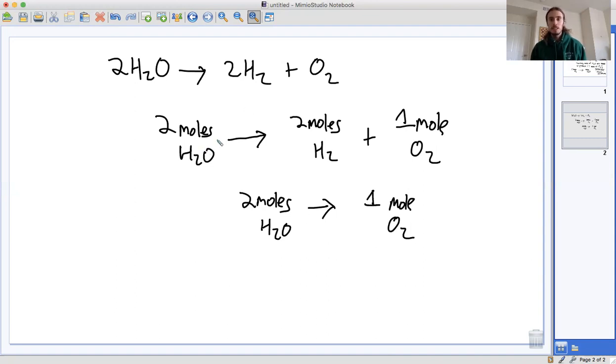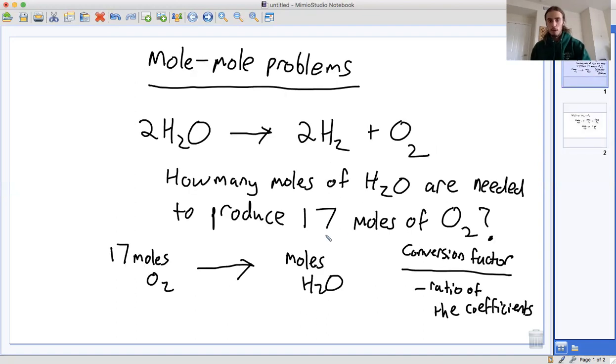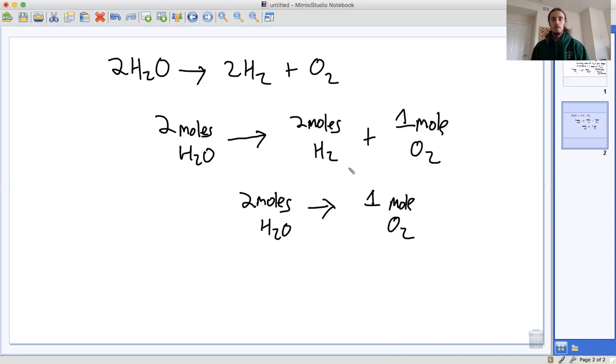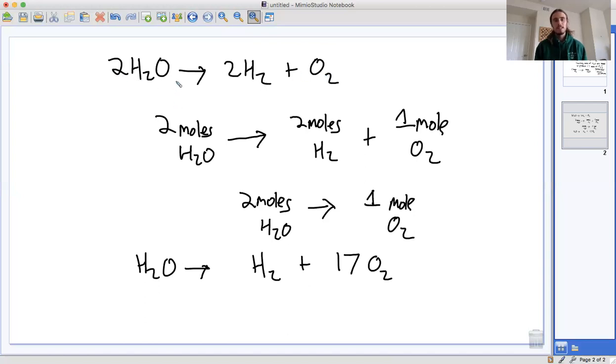But in our question, we don't want to make 1 mole. We want to make 17 moles. So we're going to have to scale that recipe up. We want to make 17 oxygens, and we know that we get 1 oxygen from 2 waters.